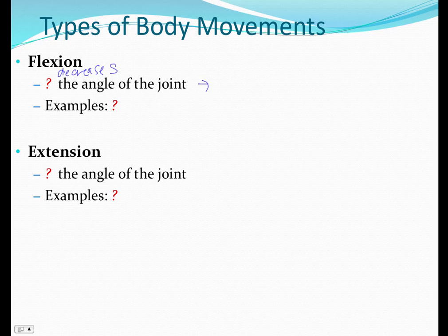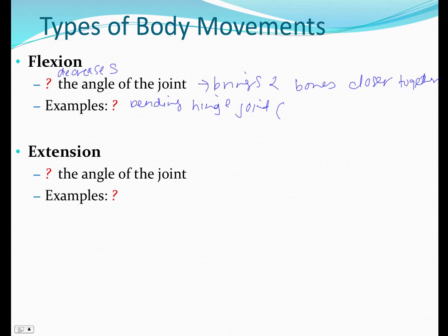By doing this, it essentially brings 2 bones closer together, and you'll typically find this in bending your hinge joints like your knee and your elbow, or ball and socket joints like your hip.